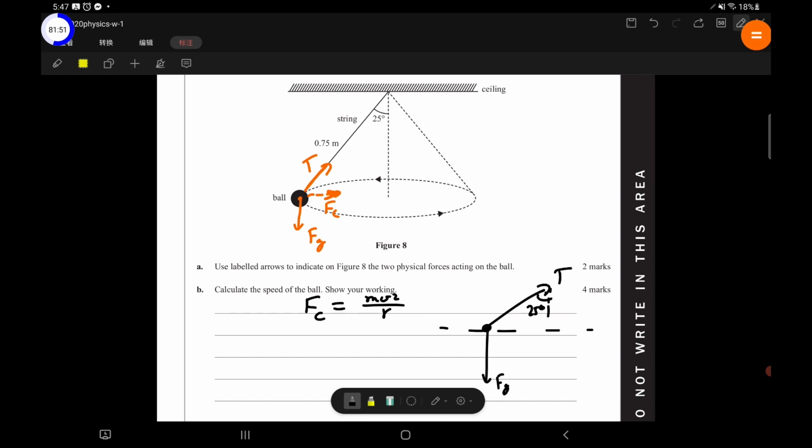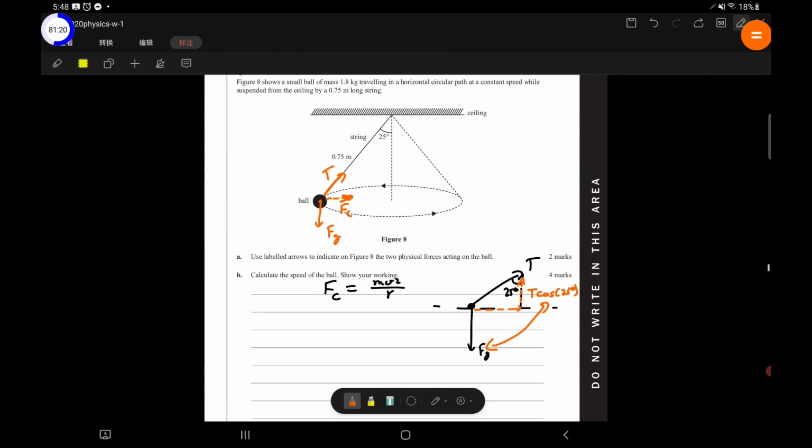So there are two components to the tension force, the vertical and the horizontal. Now, the vertical part of the tension force, which is T cosine 25 degrees, that must balance out with the gravitational force. Otherwise, my ball would be floating up in the air. It would just be moving up and down.